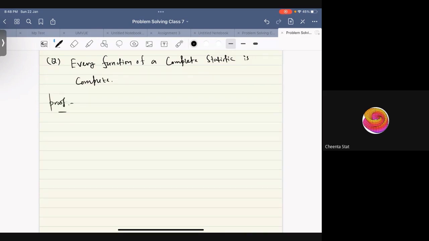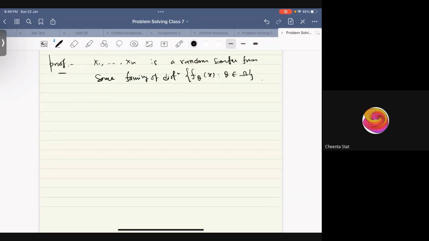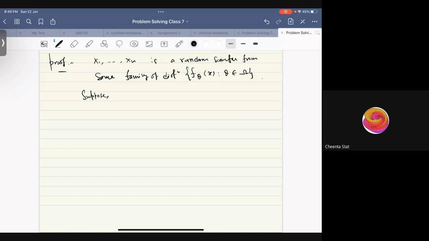Take a statistic T. I am thinking that X1 up to Xn is a random sample from some family of distributions, f(x, theta), theta belongs to the parametric space, and suppose T equal to T(X) is the complete statistic for theta, right?